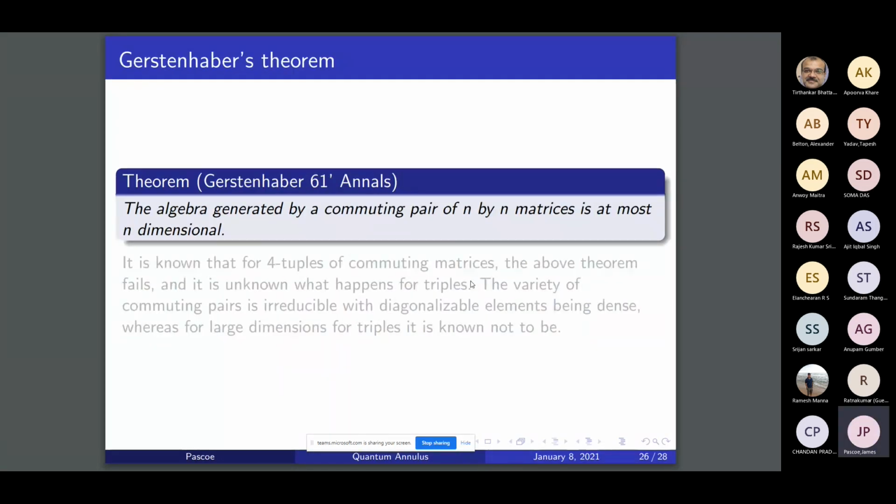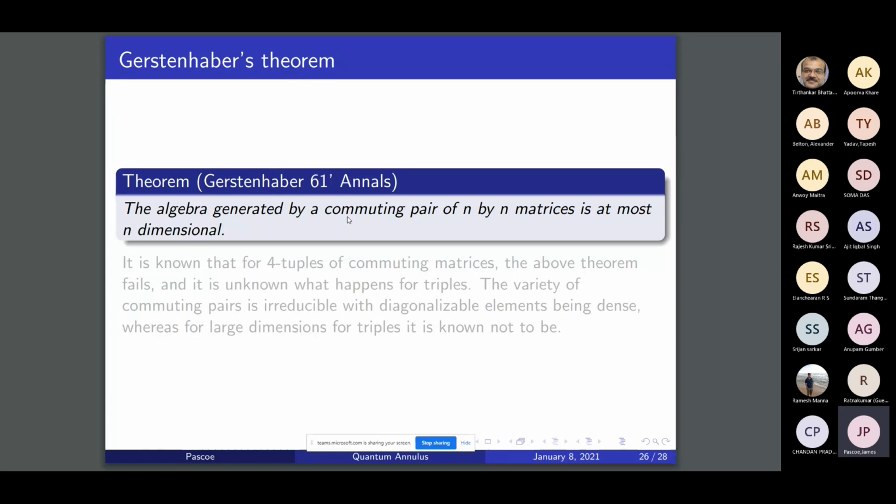Here's another result that holds for two variables. If I take the algebra generated by a commuting pair of n by n matrices, that algebra is at most n-dimensional.